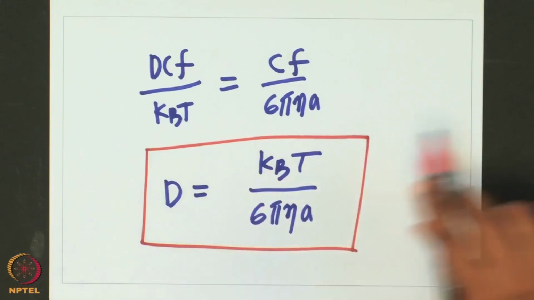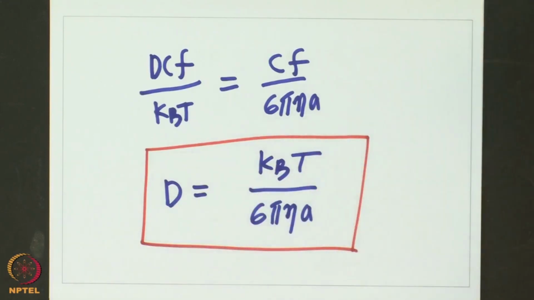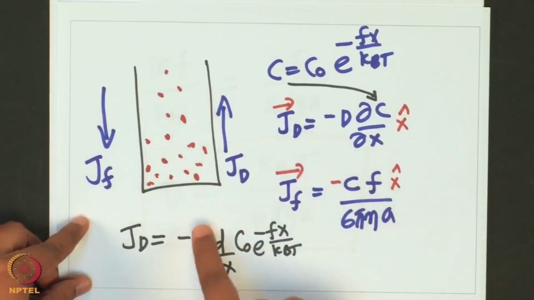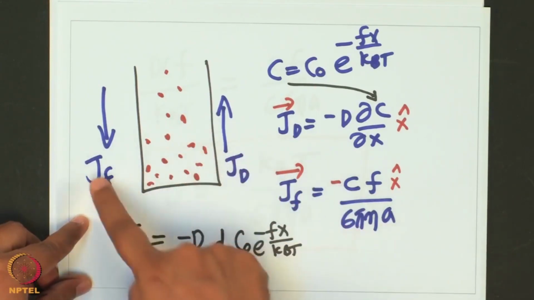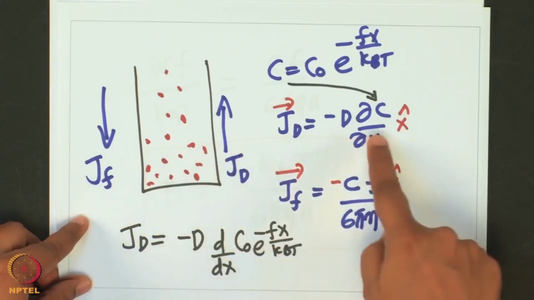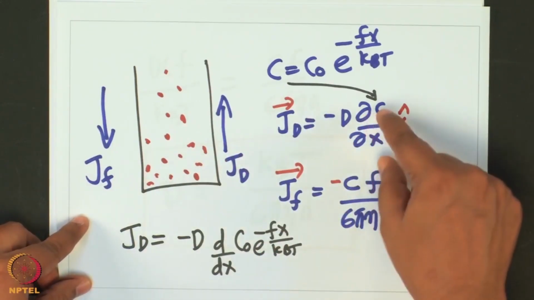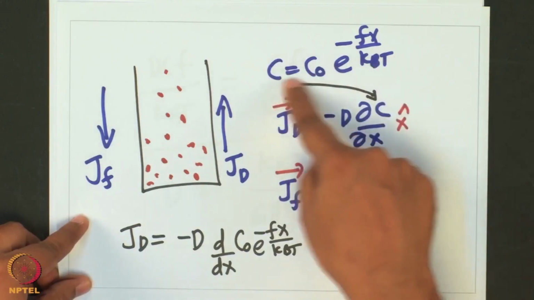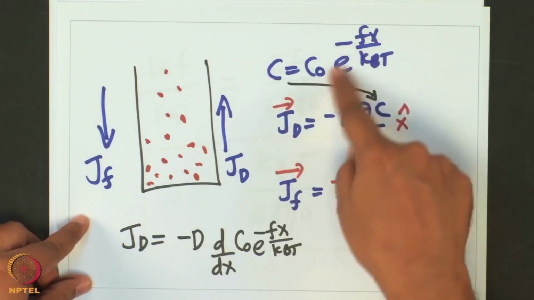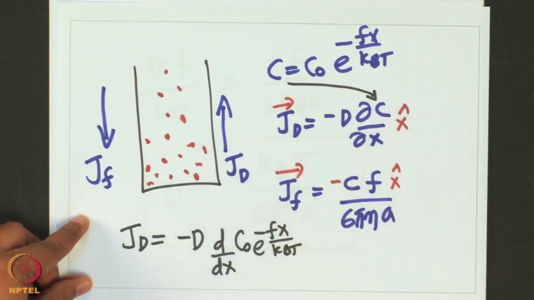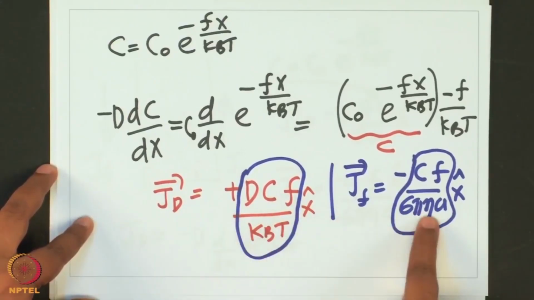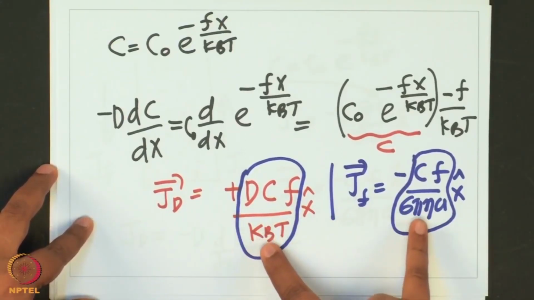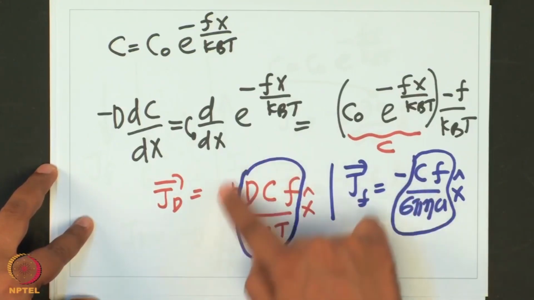So one can show from simple calculus that by equating the diffusive current up and the flow due to force down, assuming C is equal to C0 e power minus Fx by kBT, these are the two currents Jf and Jd, and their magnitudes are shown here in this circle.